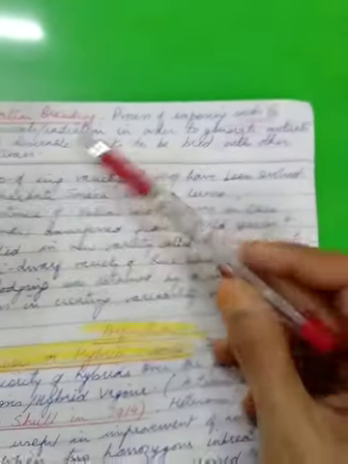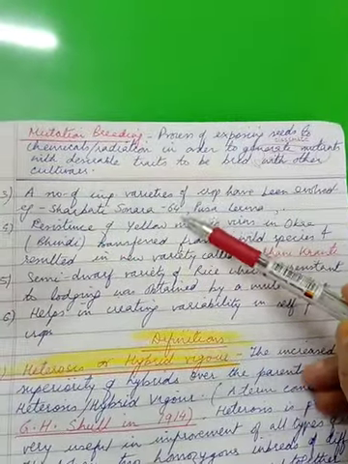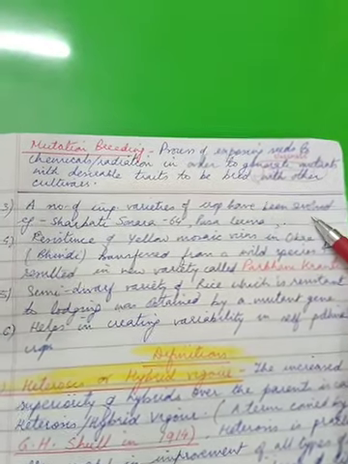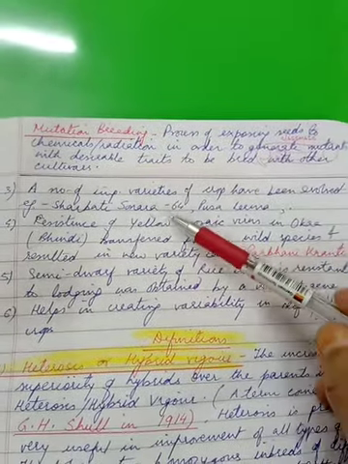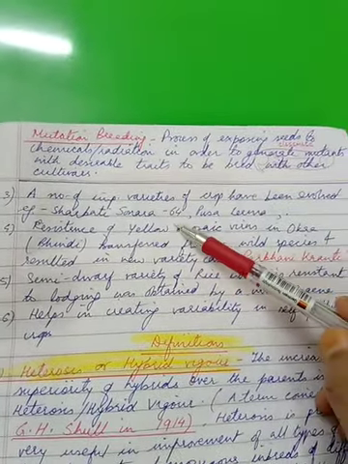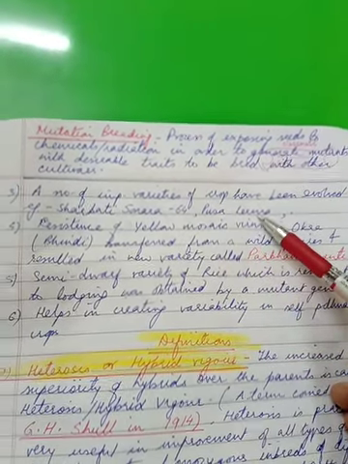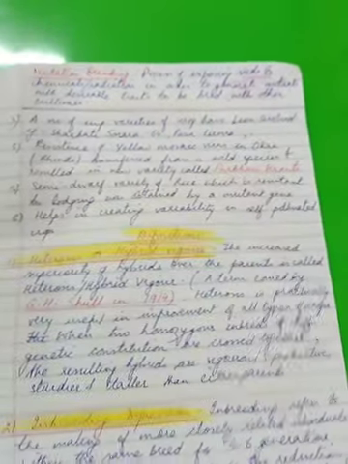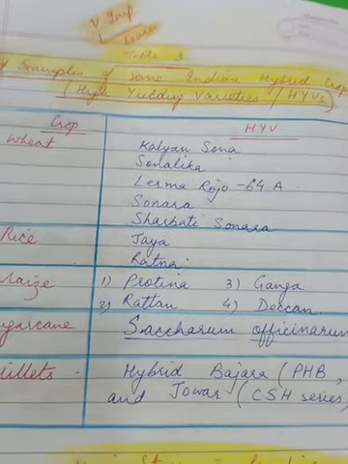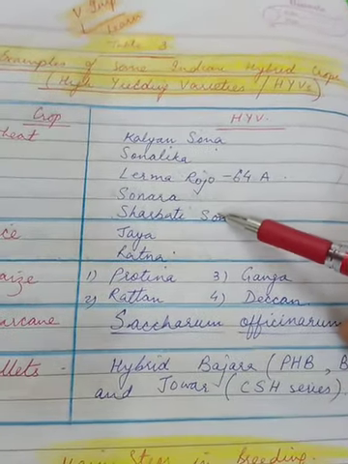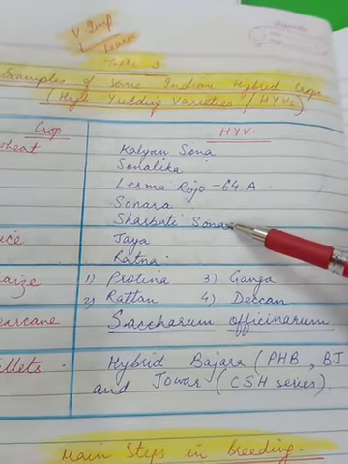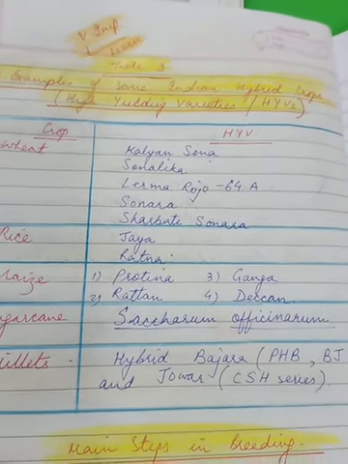The third advantage is a number of important varieties of crops have been evolved. Example, Sharbati Sonora, 64, Pusa Lerma, etc. The same terms I'll show you in the table that I gave you in your last class. Here, this is Sharbati Sonora. So they are the high yielding varieties that we discussed last time.